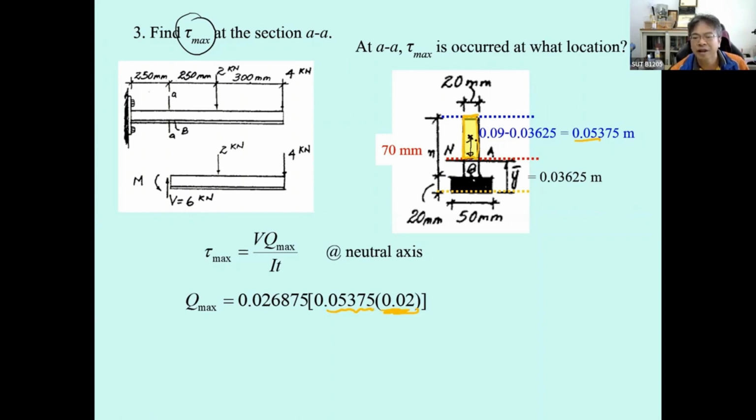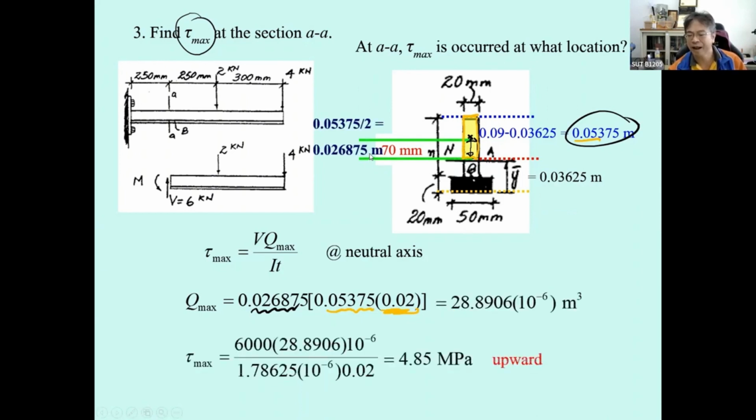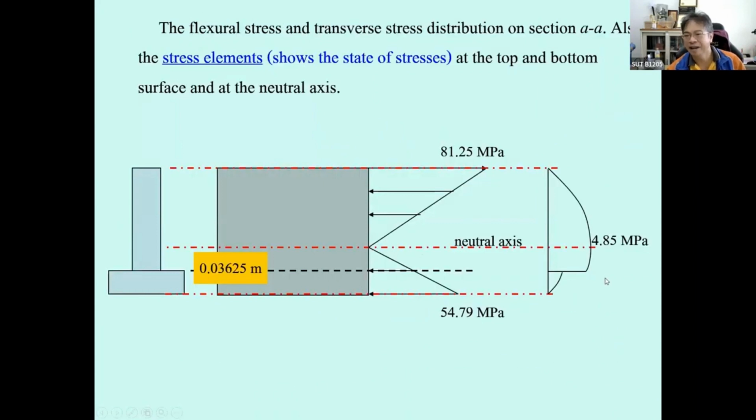So the distance here is this one divided by 2. You get this distance, and then just put them together. You get 4.85. And since this shear force is upward, the shear stress will be upward also. And this is going to be the maximum that occurs on the section.